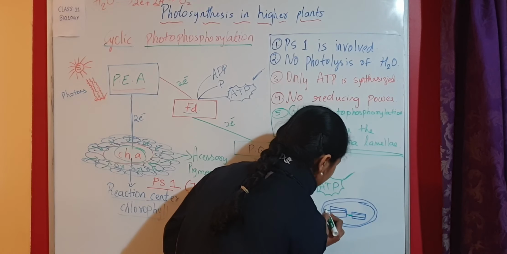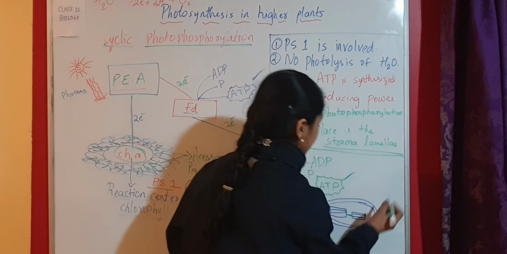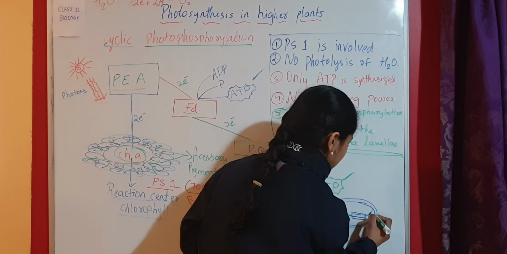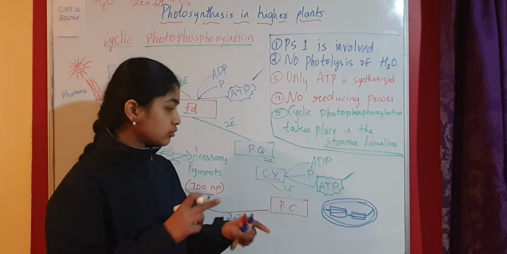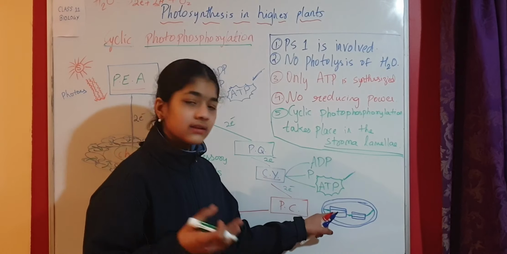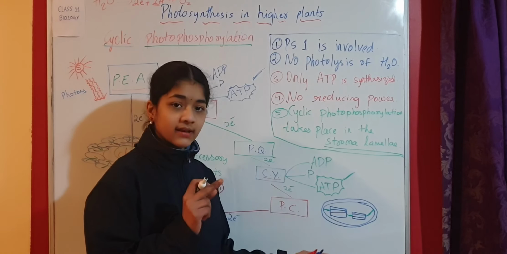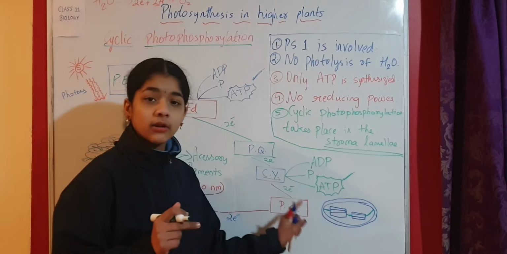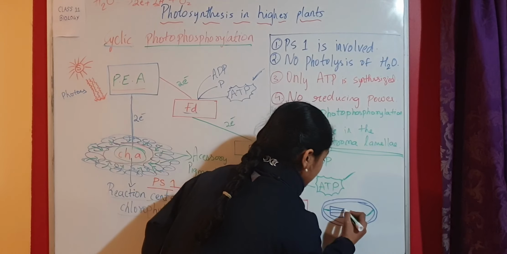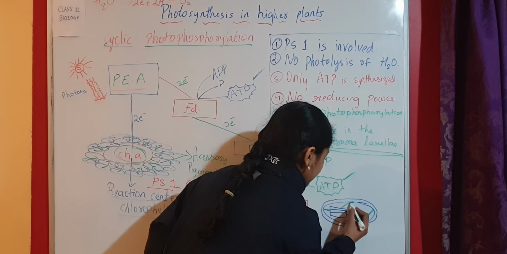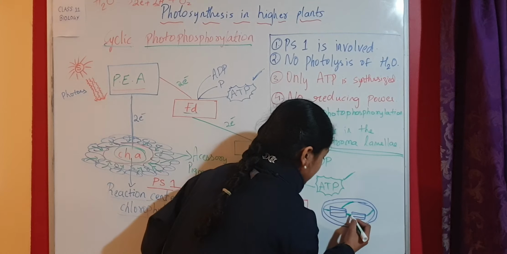This is nothing but stroma lamella. So either they are attached between two grana, or they are attached to one granum and to the membrane of the chloroplast like this.